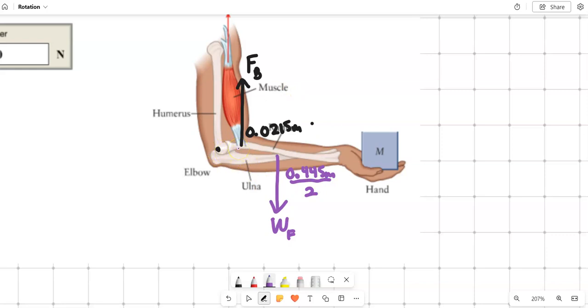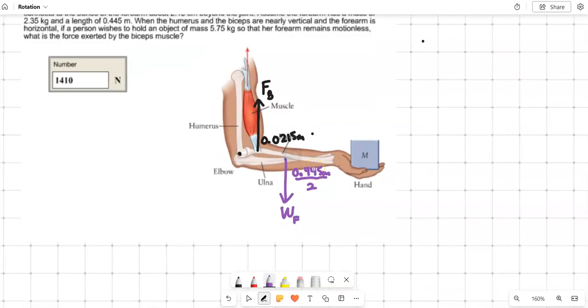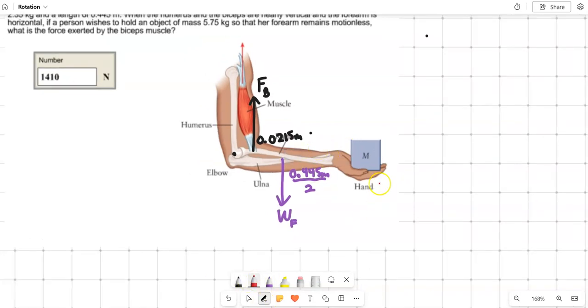Again, we could choose any of these as our pivot points, but let's go ahead and do it this way for now. They're also saying that the hand force has a weight down, and we'll just call that the weight down, and that this weight is located 0.445 meters away from the elbow joint, which is a pivot point.